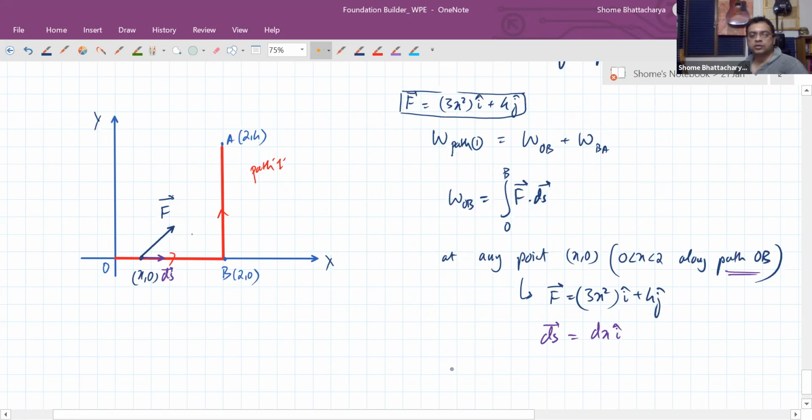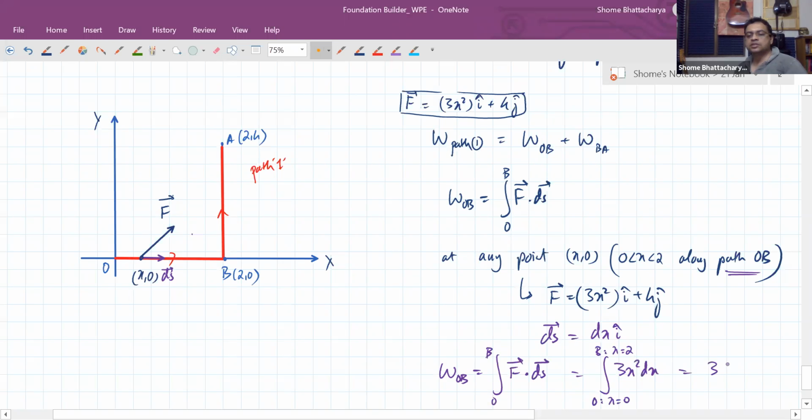Now my work done from O to B is the integration of F dot ds. When I substitute F and ds, I get the product of the x components, which is 3x² dx. The product of the y components is 0 because this ds does not have a y component. At the point O, my x coordinate is 0, and at the point B, my x coordinate is 2.